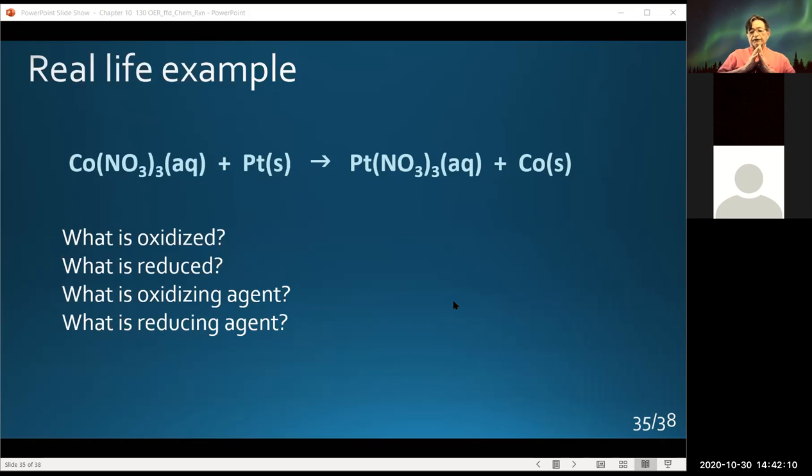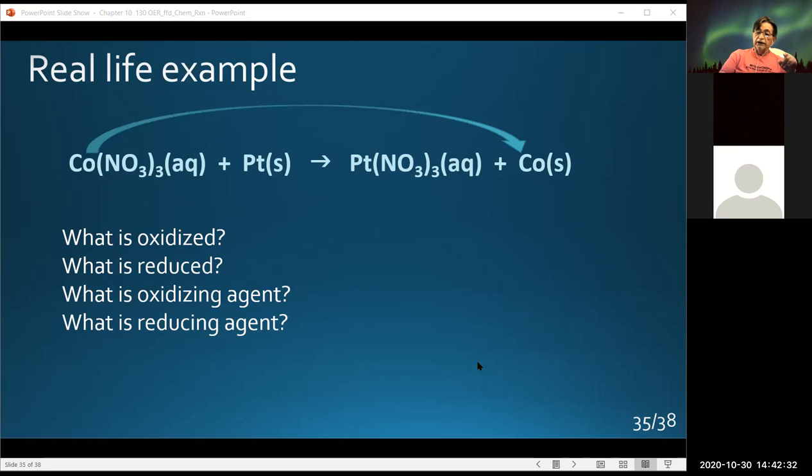Here's a real life example. This is not copper, excuse me, cobalt 3 nitrate. It's an actual compound utilized a lot for chemotherapy. But in this reaction, cobalt in the process of platinum undergoes the following reaction.